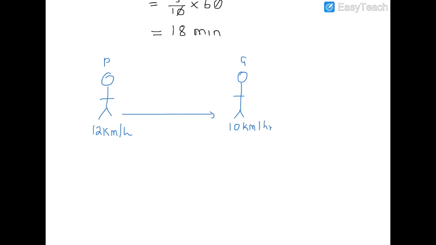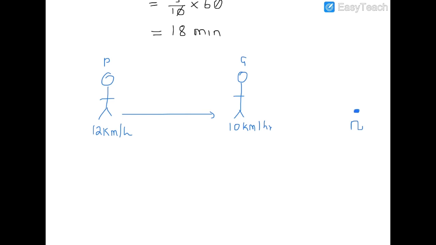Let's assume there's another point there and we call it N. After Pete runs a certain distance, he will meet Gert at point N. Pete will catch up with Gert at point N, however you want to explain it.